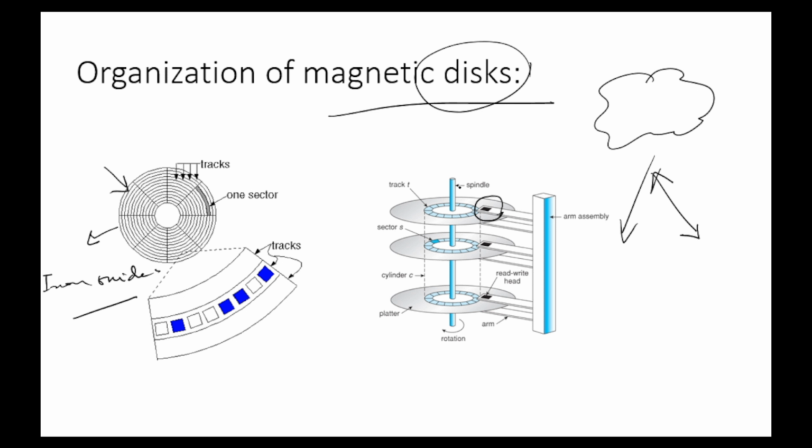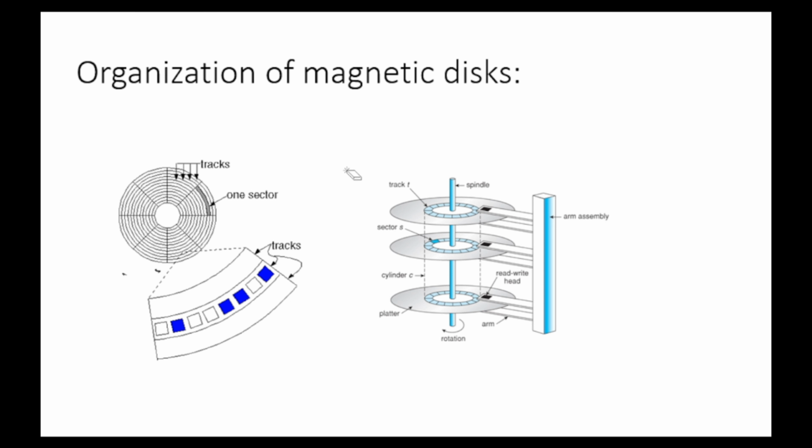Now we will be talking about the basic organization of the magnetic disks. A magnetic disk surface has a number of invisible concentric circles called tracks. The one like this, and the second like this, and the third, and so on, these are called tracks.